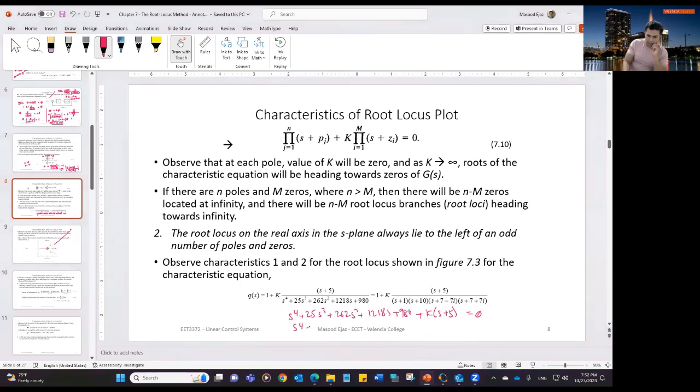So you have s^4 + 25s^3 + 262s^2 + (1218 + K)s + (980 + 5K) equals 0.